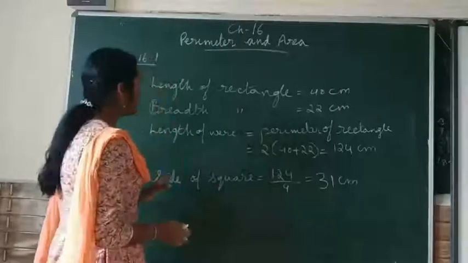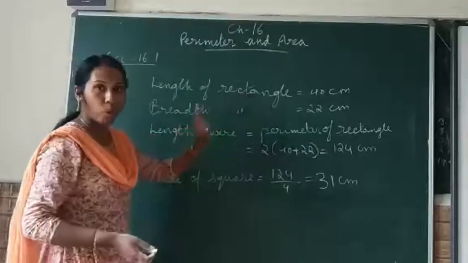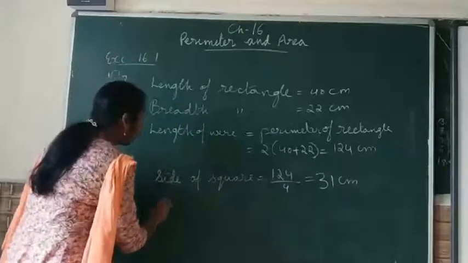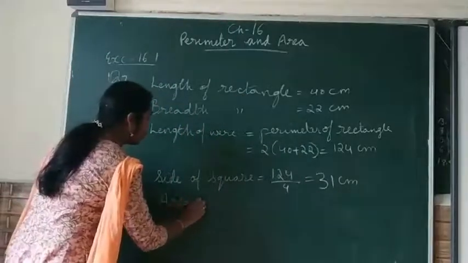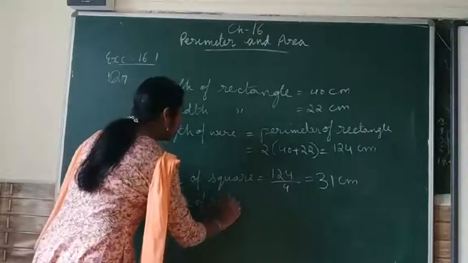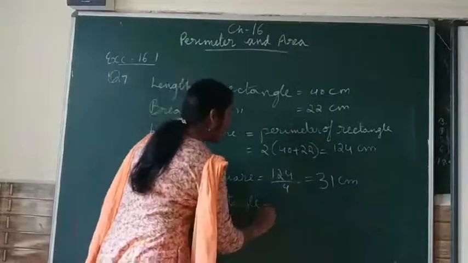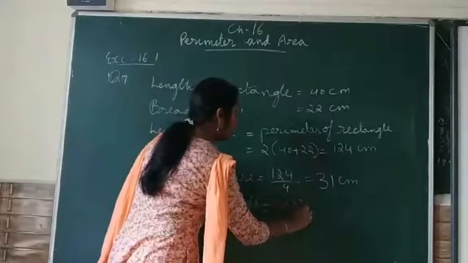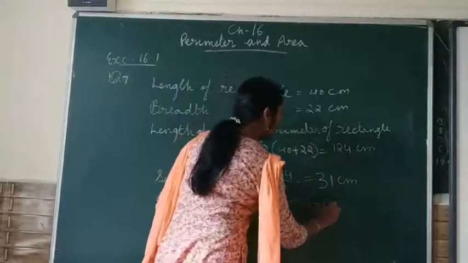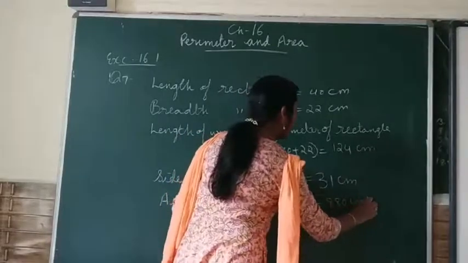Which figure will enclose more area? For that we have to find out the area of both. So area of rectangle is equal to 40 into 22. That is equal to 880 centimeter square.